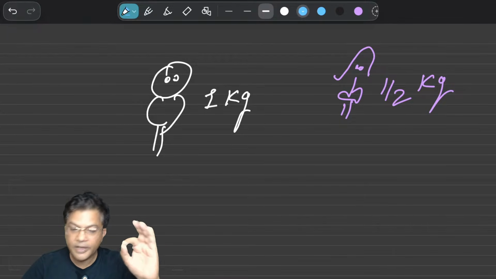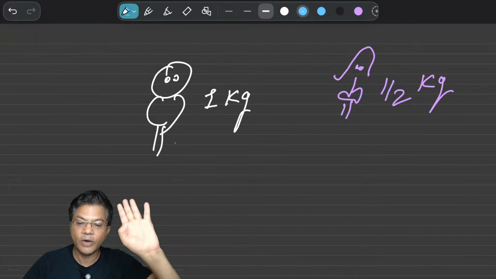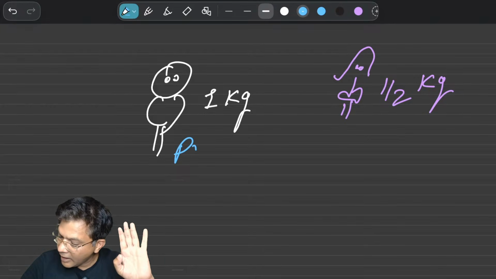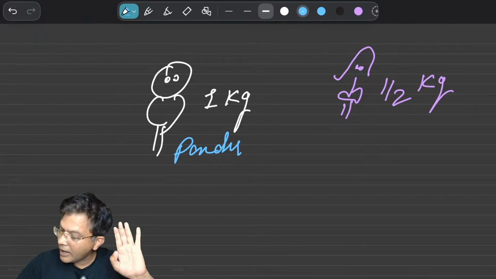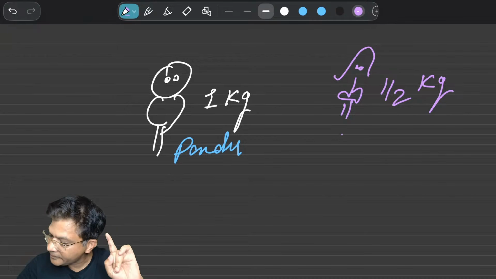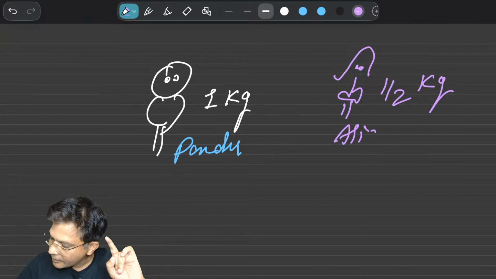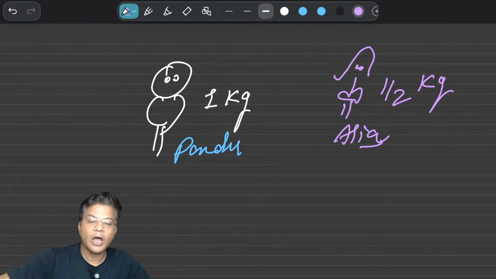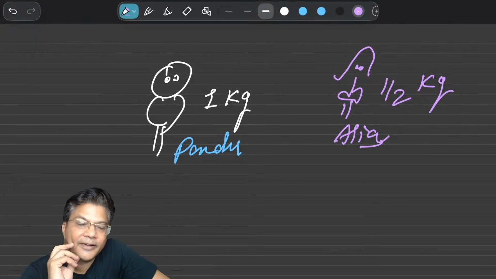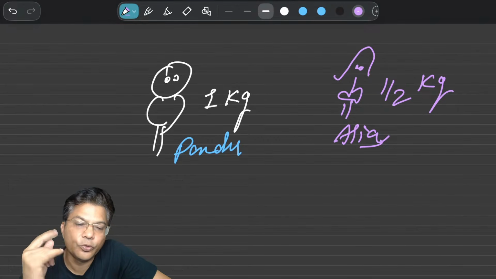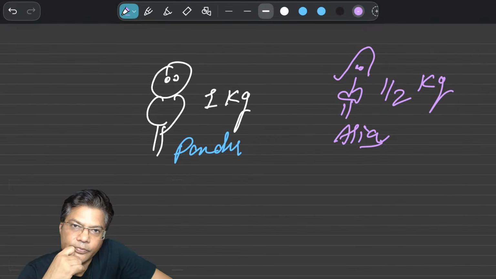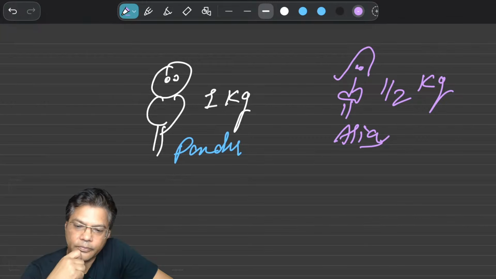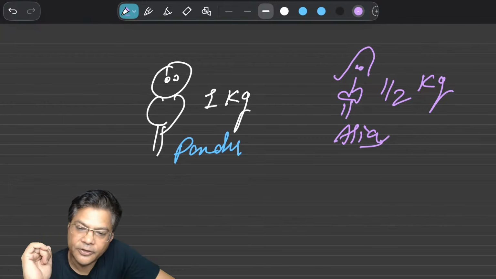I will take you to a class 1 level. Pandu's weight is 1 kg and Alia's weight is half kg. Whose weight is more? Definitely Pandu's weight is more.